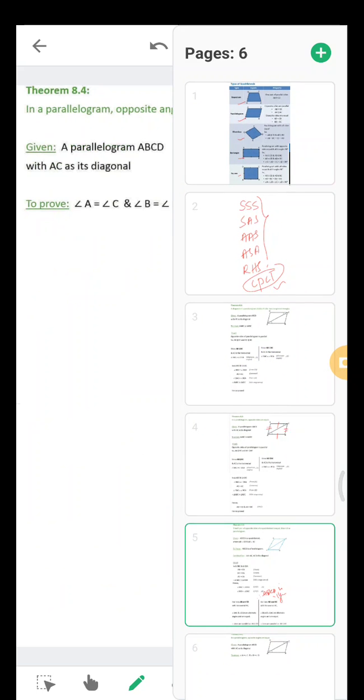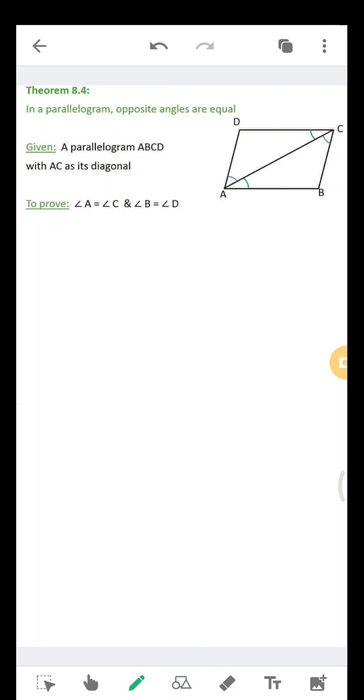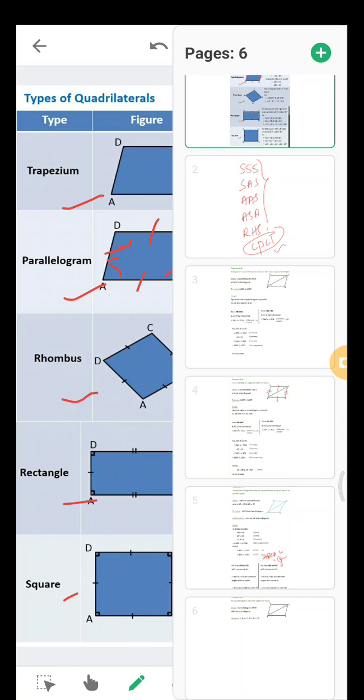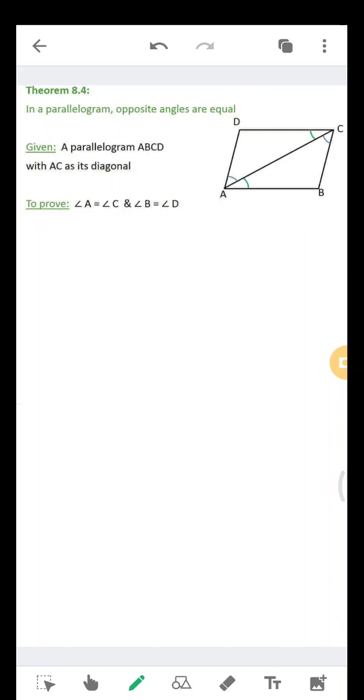Next theorem. In this theorem we have to prove that in a parallelogram opposite angles are equal. We learned this in properties, that in a parallelogram opposite angles are equal and opposite sides are equal, but these can all be proved also. So we are doing the same thing now. Theorem 8.4: we have to prove that in a parallelogram opposite angles are equal.